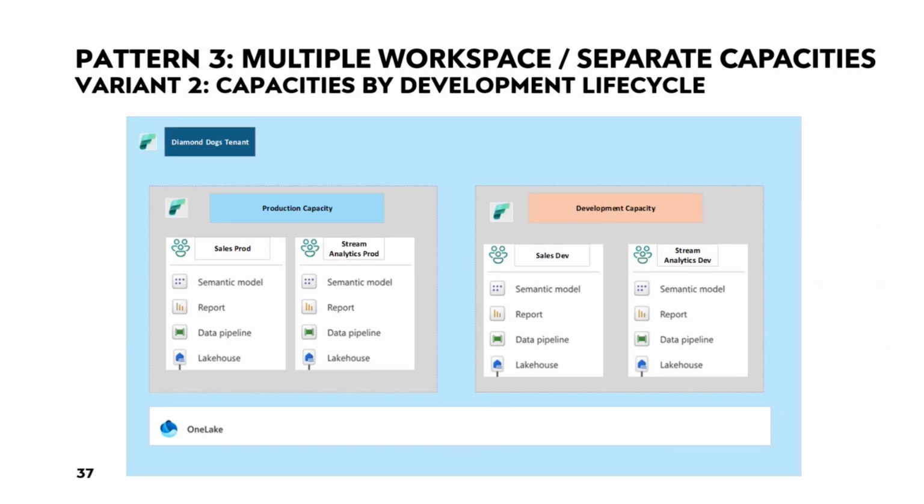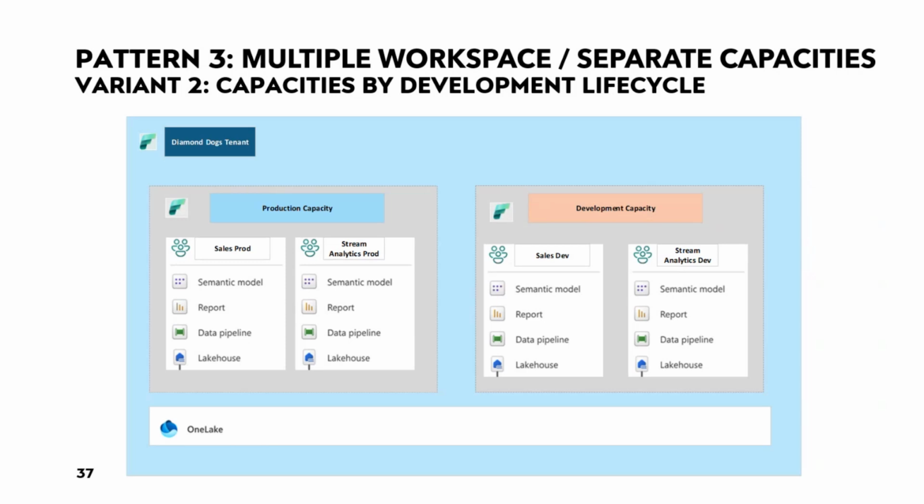So another variant that I like better would be your multiple workspaces, separate capacities by development cycle. This allows for sales and your stream analytics to have production inside of a production CU, and you can have development inside a development CU.